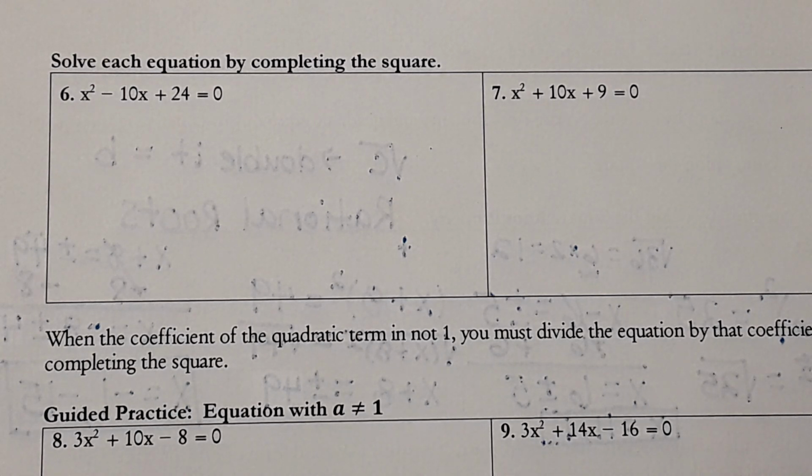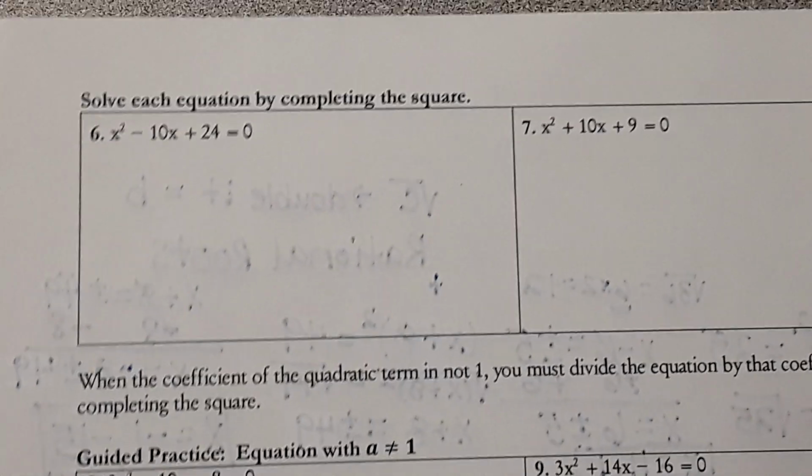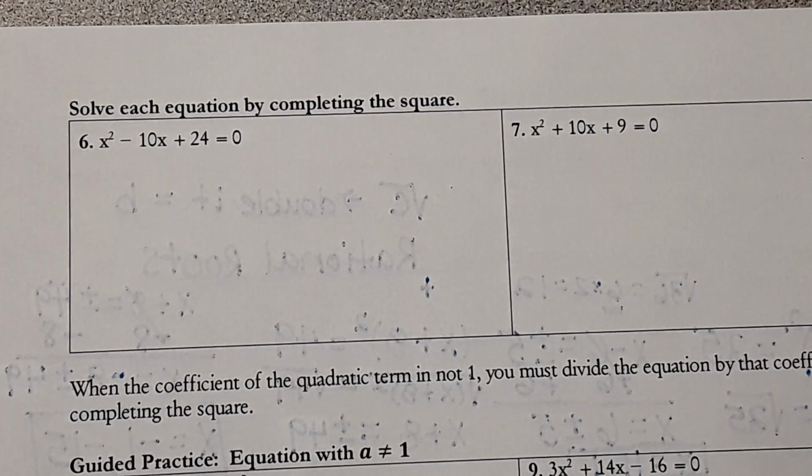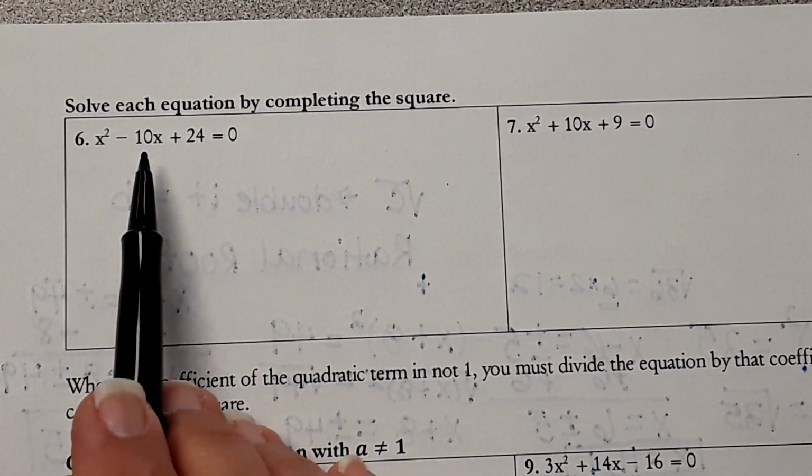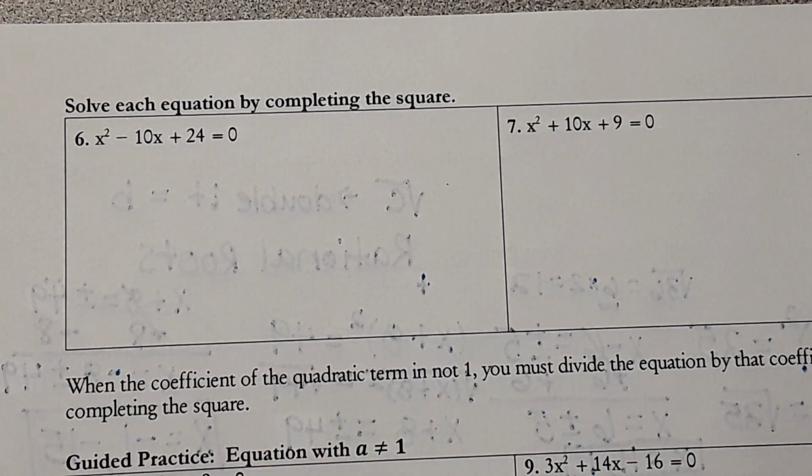So what we're going to do is, and you guys, completing the square works nicely for two things. When A is 1, and B is an even number. If those two things work out, we're going to do ones that it doesn't work out that way, but just so I can show you, because when it comes down to it and you get a method, you want to pick the correct method for you.